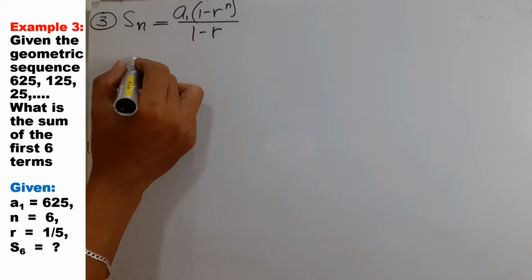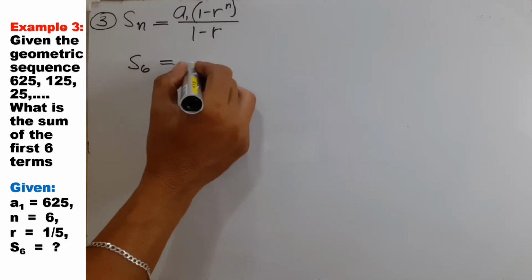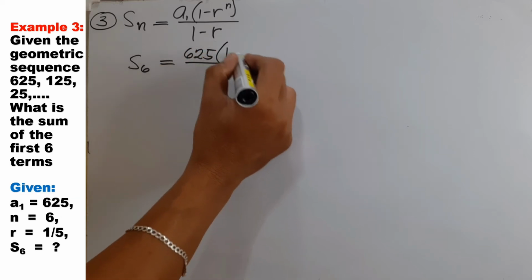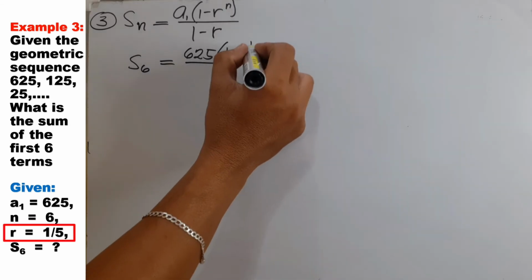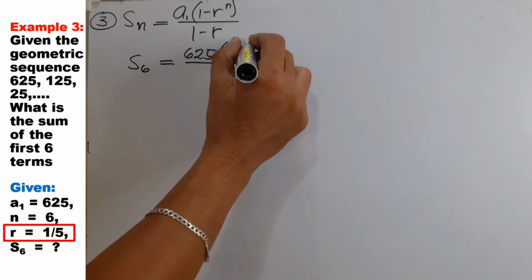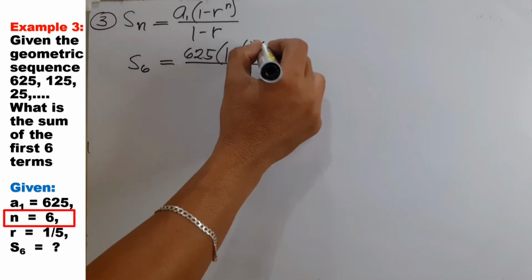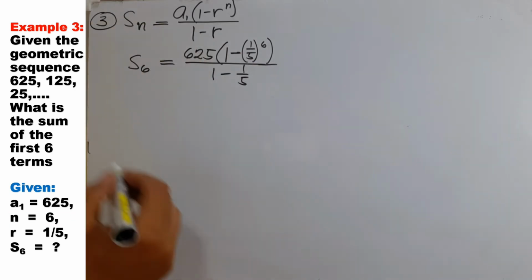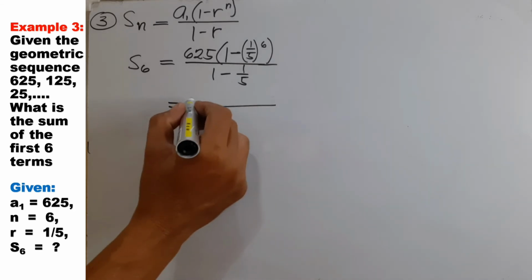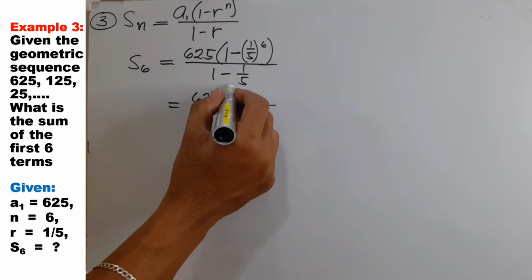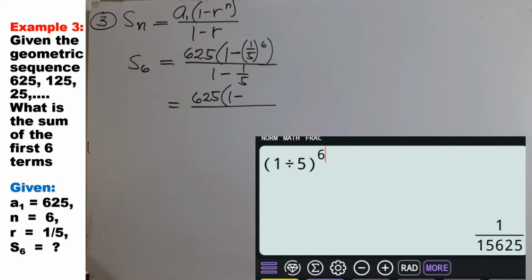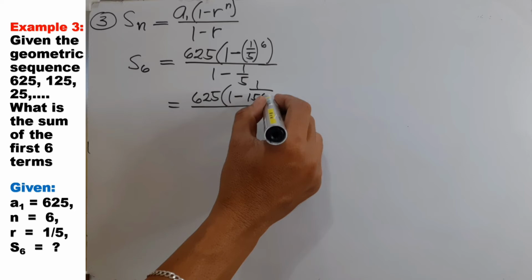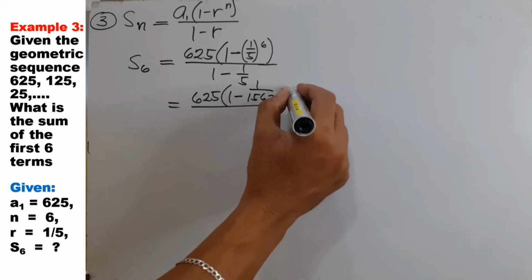To solve problem number 3, we have s sub 6 equals a sub 1, which is 625, times 1 minus our r, which is 1/5, raised to the 6th, all over 1 minus 1/5, equals 625 times 1 minus 1/5 to the 6, which is equal to 1 over 15,625.